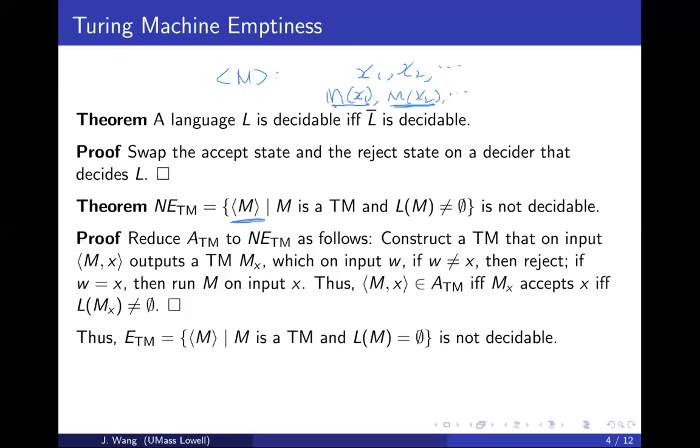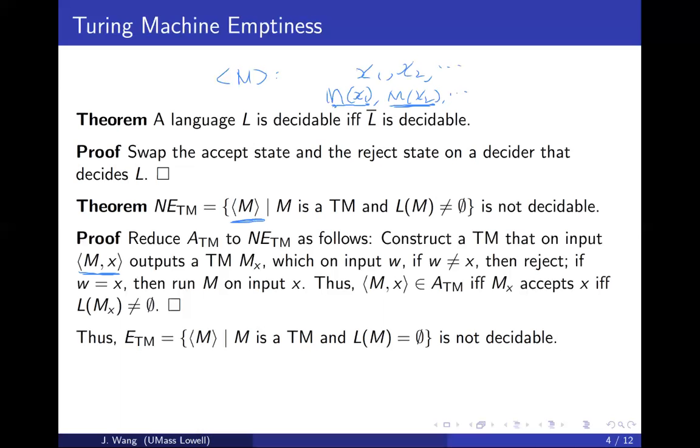Now that's intuition, so you cannot use that as a proof. To prove it formally, we are going to reduce A sub Tm to NE sub Tm as follows. We construct a Turing machine that on input M comma x, the input to A sub Tm, outputs a new Turing machine, M sub x.